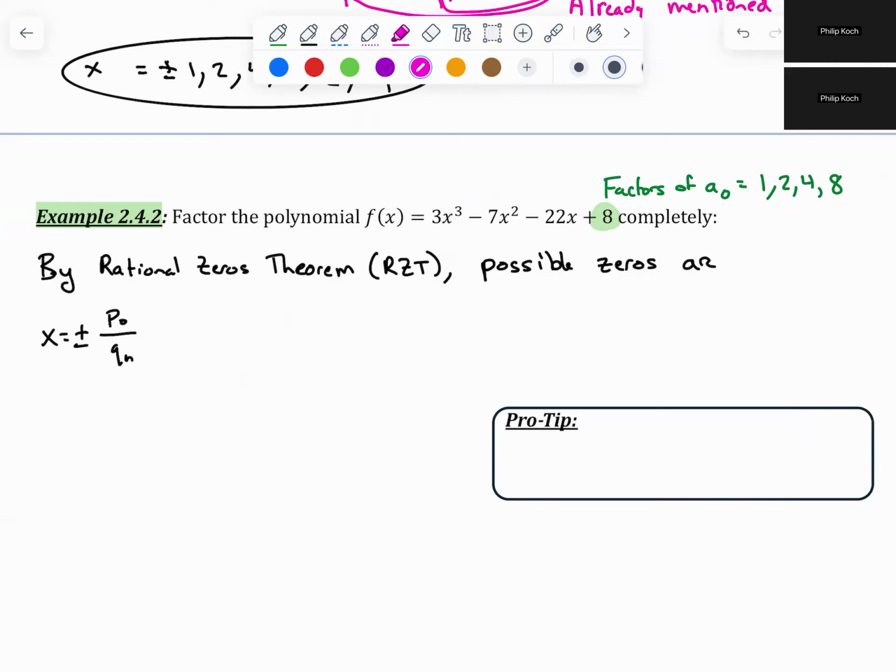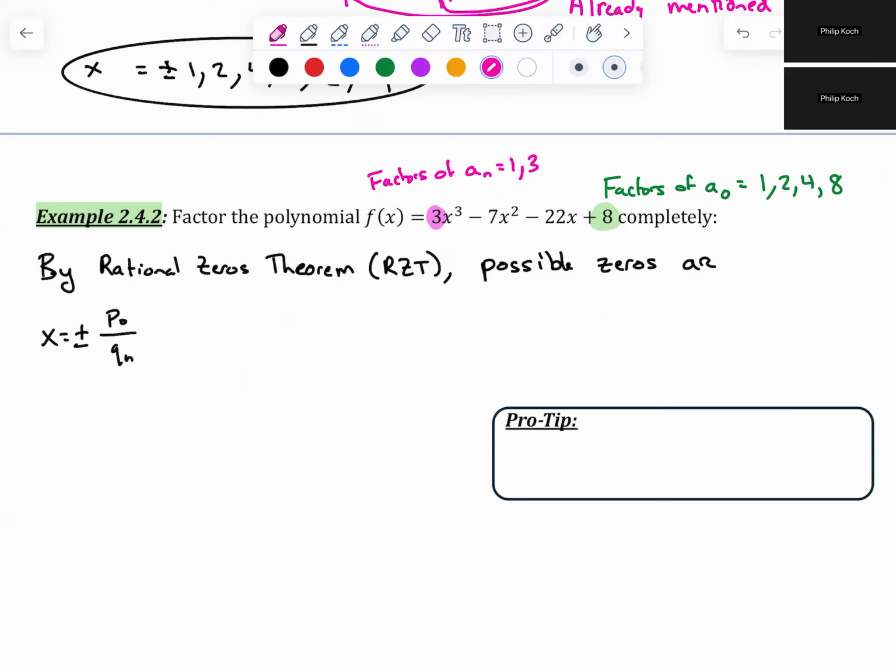So it's the 3. And the factors of a sub n are going to be 1 and 3, because 3 is a prime number. If it was 6, we'd write 1, 2, 3, and 6. If it was 12, we'd write 1, 2, 3, 4, 6, and 12, and so forth.